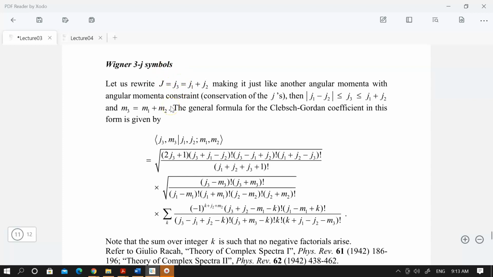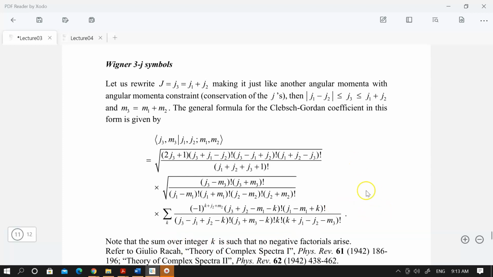You can think of J1, J2, J3 as independent of each other, but because of the theory of angular momenta addition, there will be constraints on these values of J1, J2, J3. So the general formula for the Clebsch-Gordan coefficient, I'm reluctant to try proving this because it's difficult, but you can find the proof in some old papers.